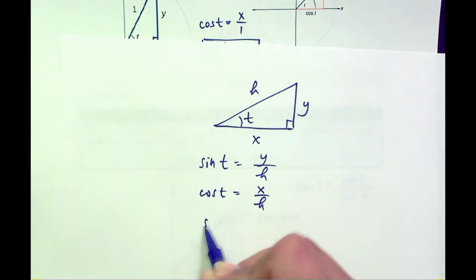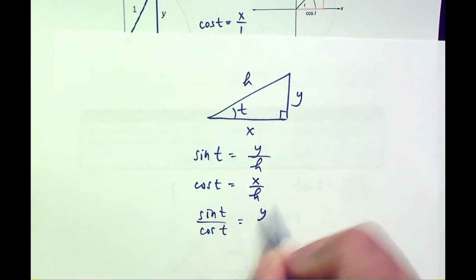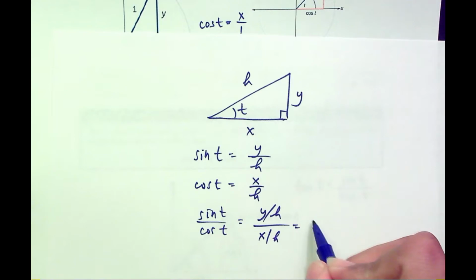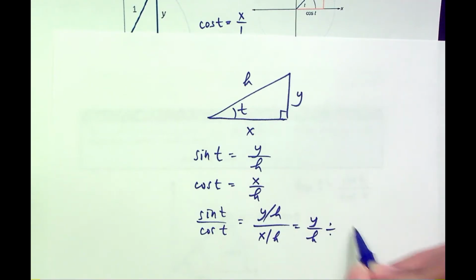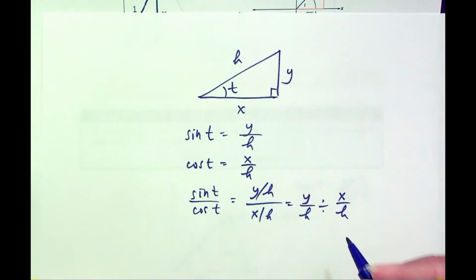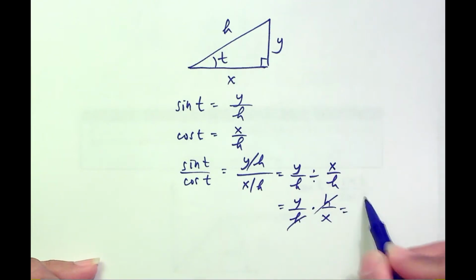Sine divided by cosine is going to be y over h over x over h. Now, dividing by something is the same as multiplying by the reciprocal. So dividing by x over h is the same as multiplying by h over x. And now I can cancel the h's and you end up with y over x.